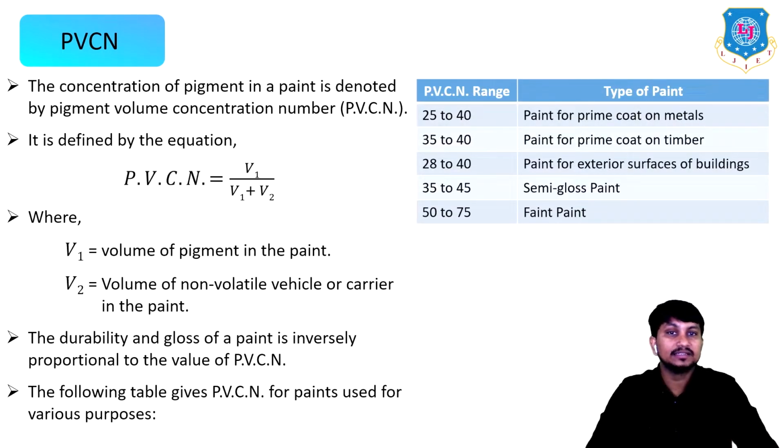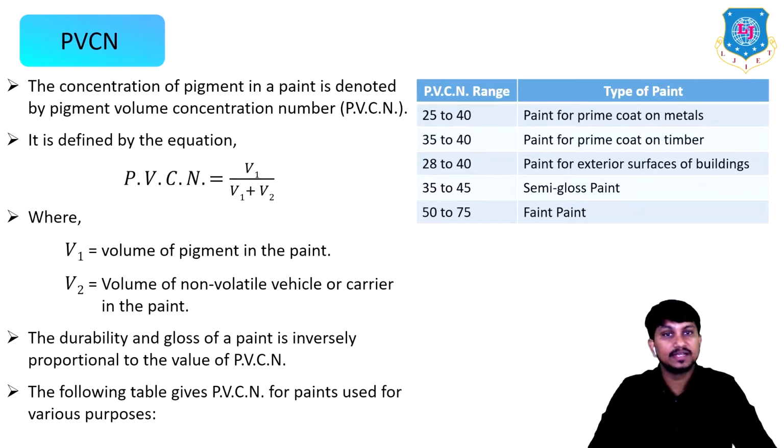If the PVCN range is about 25 to 40, this type of paint is used for a prime coat on metals. If the PVCN range is between 35 to 40, the paint is used for a prime coat on timber. If the PVCN range is between 28 to 40, this paint can be used for exterior surfaces of buildings.